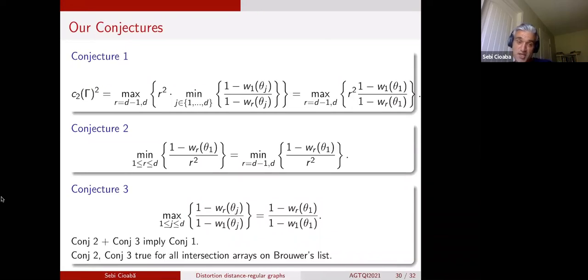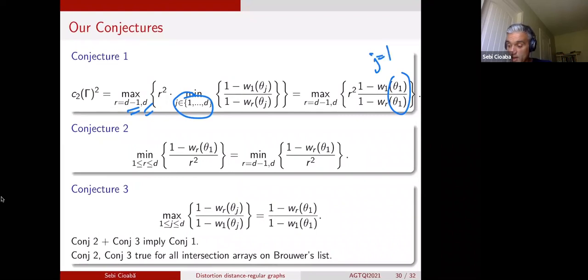Conjecture 1 is essentially saying that we believe that this least distortion is attained when you go not only to distance D, but distance D minus 1 or D. And here there's another, you see there's a max, so that's the part about the max. And then there's a part about the mean over all j from 1 to D. And we believe that the minimum is going to happen at j equals 1.